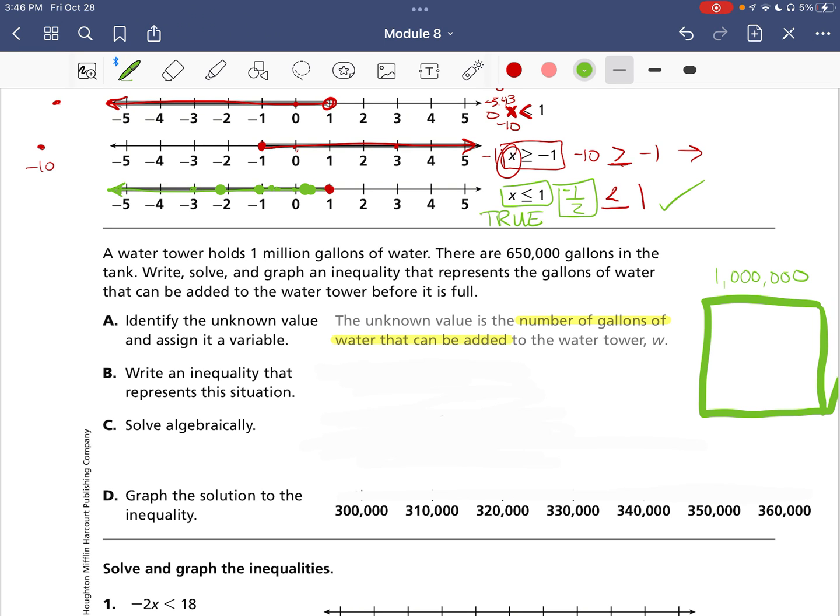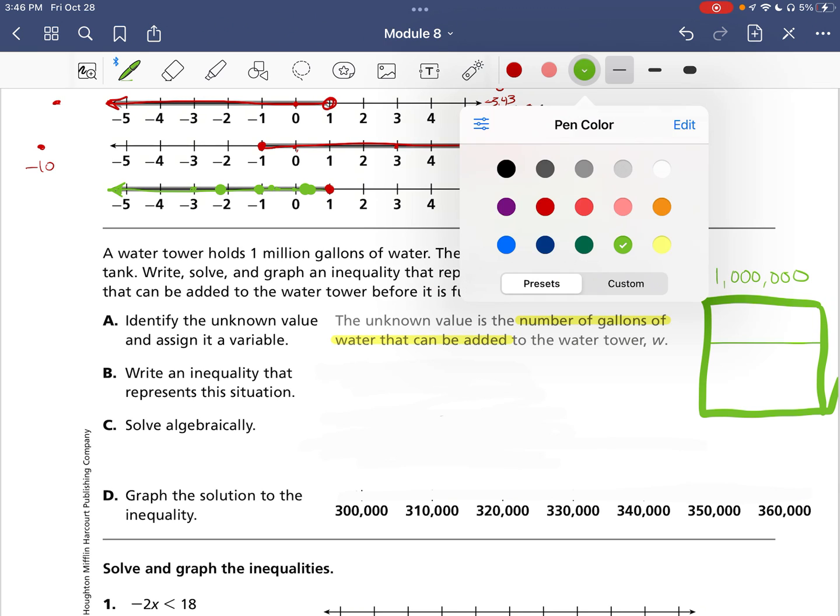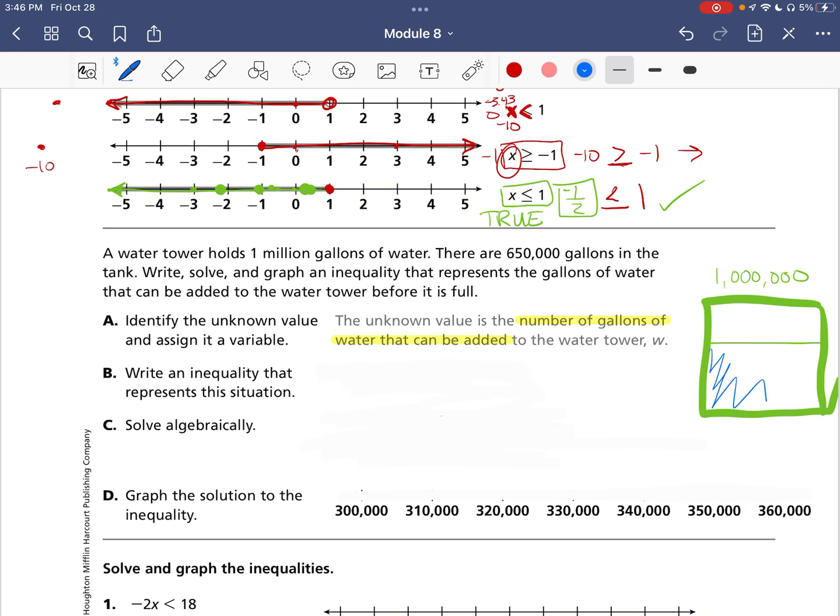And there's already 650,000 gallons of water in there already. We need to figure out how much more we can put in there. So that's going to be our W.